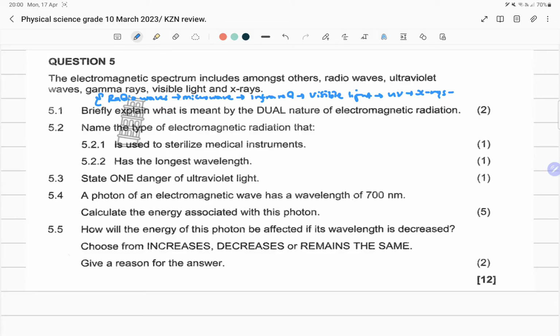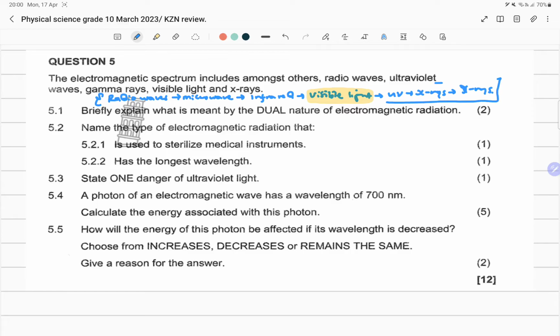Anyway, from there we're going to gamma rays, which are much more dangerous than the rest. So you can already tell that from visible light backward, everything is a little bit okay. But from here onward, this can be very dangerous.